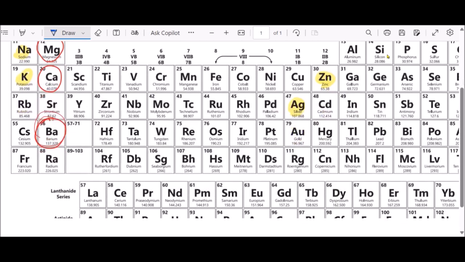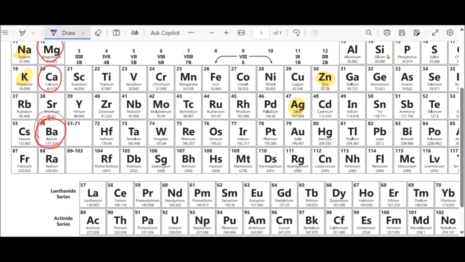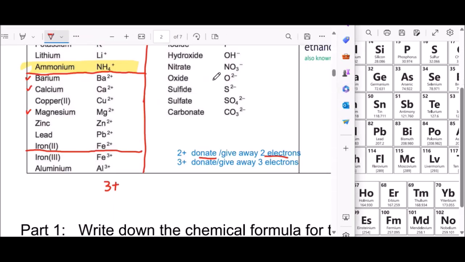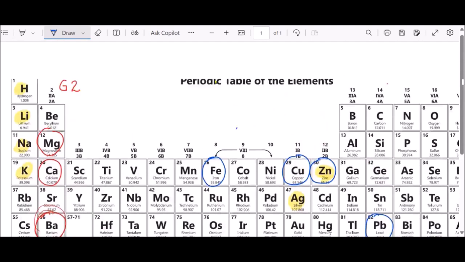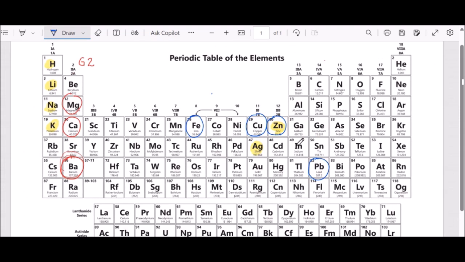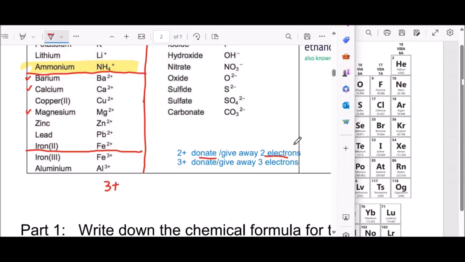You see zinc, iron, copper, and lead are located around the middle part. They are considered transition elements of the periodic table. That is why they have more than one oxidation state.